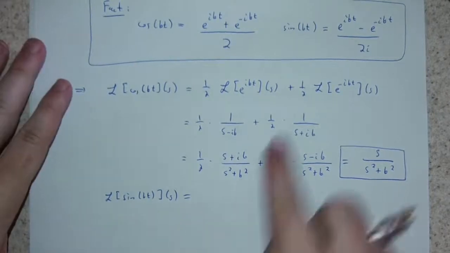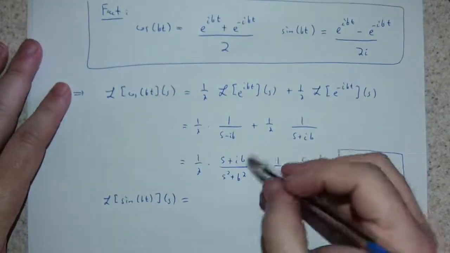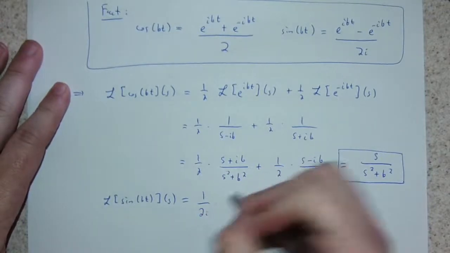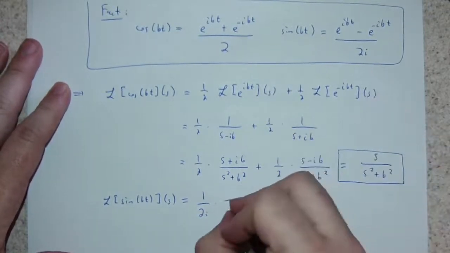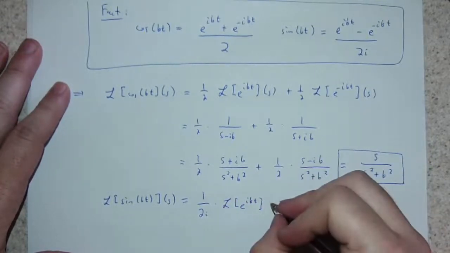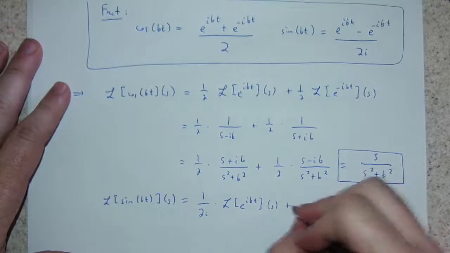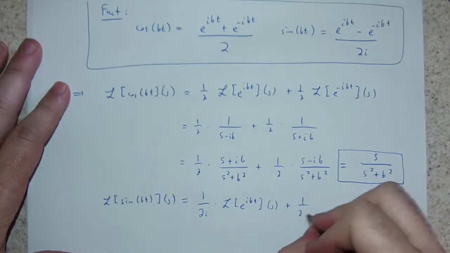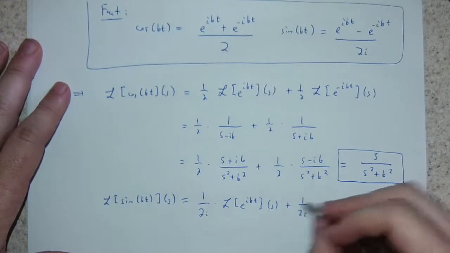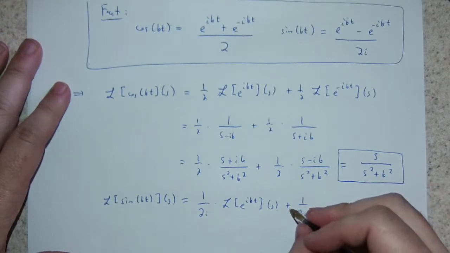What is this? So according to this relationship, this again would be 1 over 2i times the Laplace transform of e to the ibt of s plus 1 over 2i times the Laplace transform. And this shouldn't be a plus, this should actually be a minus.